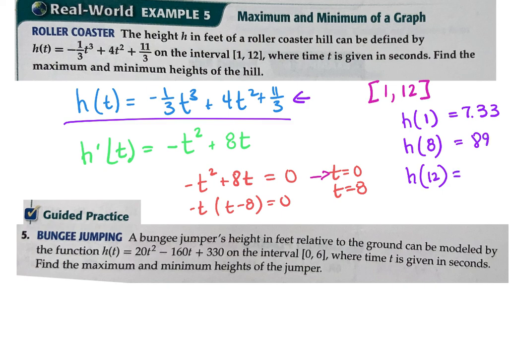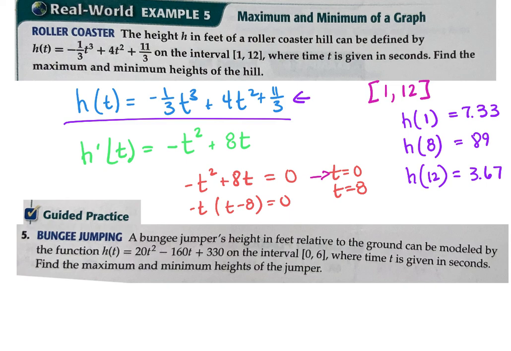When I plug in a 12, I'm going to get 3.67. All right? In feet. So after 1 second, I am 7.33 feet high in the air. After 8 seconds, I am 89 feet high in the air. And after 12 seconds, I am 3.67 feet in the air.